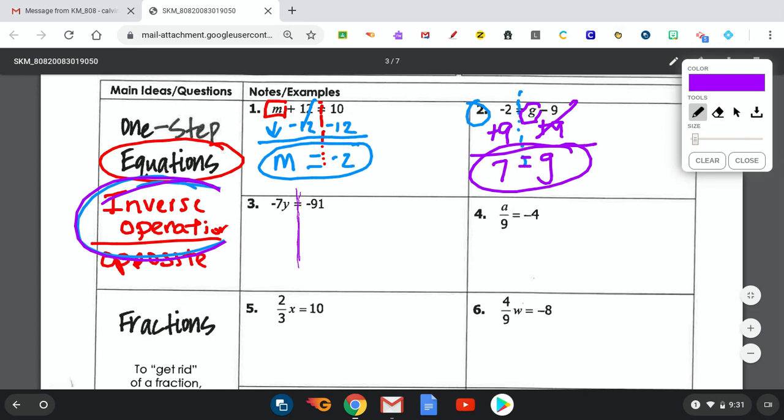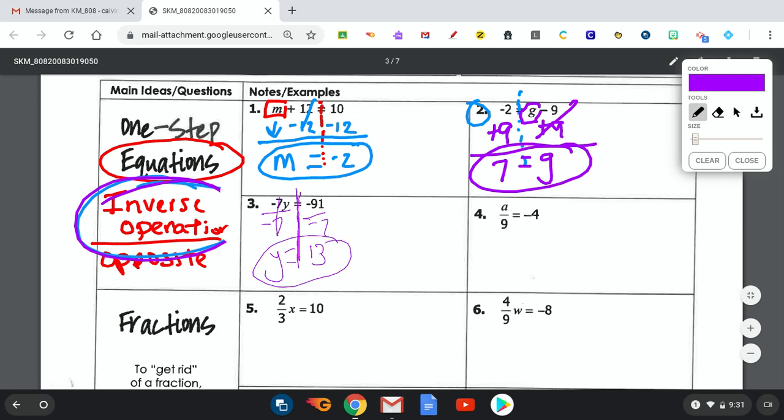So what I have to do is the opposite. The opposite of multiplication is division. So I'm going to divide by negative 7. And what I do on one side, I have to do on the other. These cancel out. All right. I bring my y down, and negative 91 divided by negative 7 is a positive 13.